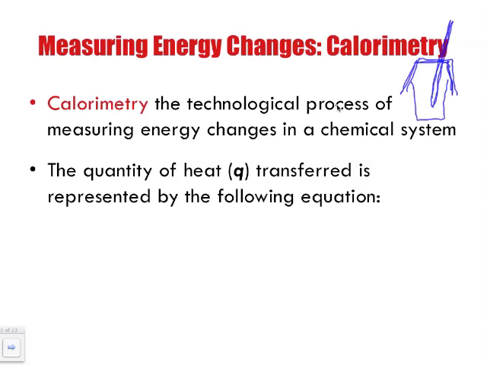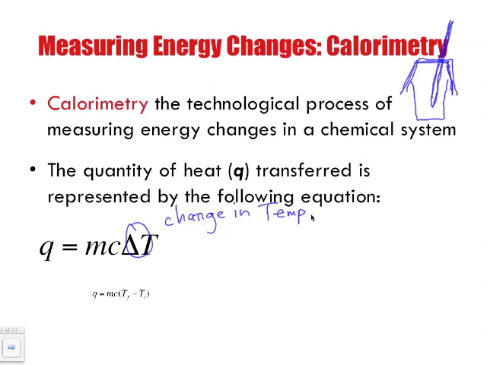But anyway, let's look at the quantity of heat, which is Q transferred, represented by the following equation. Q is equal to mc delta T, and this delta represents change in, right? So what's the delta part? Delta T, so change in T, which is temperature.